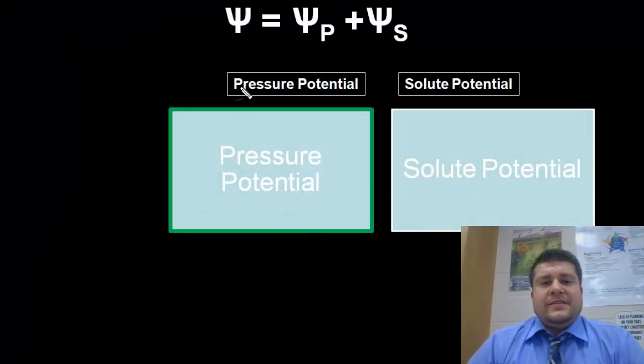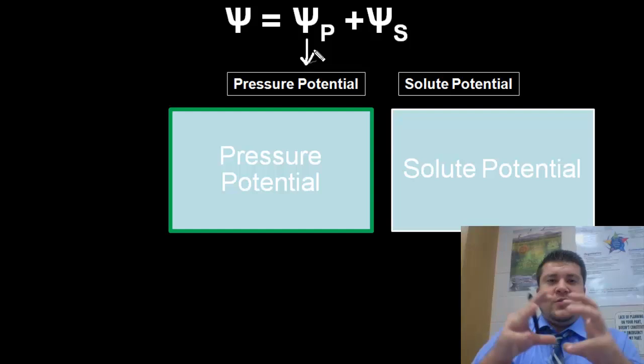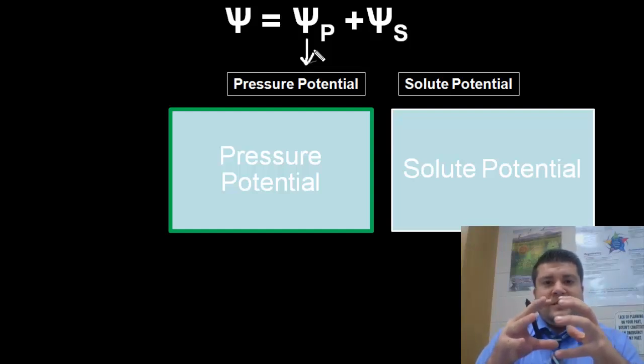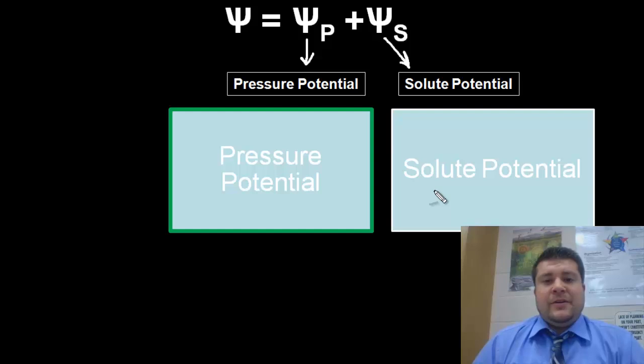So let's look at this equation. So here we have our water potential, and this is going to equal our pressure potential. And so our pressure potential is going to be the amount of squeezing that a cell will actually take on. The solute potential is going to be the amount of things that we have inside the liquid. And so this number will actually decrease as we add solutes.